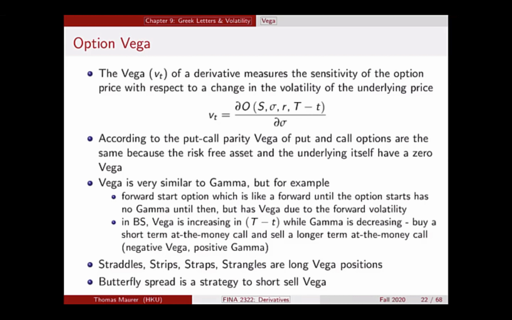Or on the other side, we could construct a combination to get a zero gamma but some exposure to Vega risk. These calendar spreads, although the payoff looks very similar to a butterfly spread, as we have seen in the earlier chapter, here it becomes more interesting where you want to construct strategies where you only want exposure to either Vega or gamma risk.